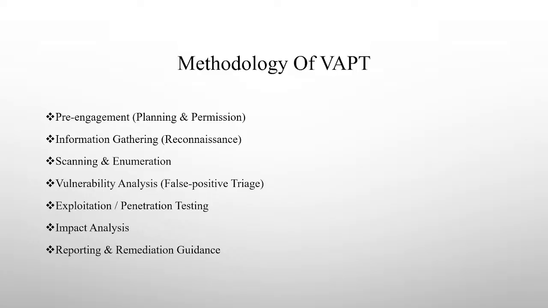The first one is pre-engagement, which we can call planning and permissions. If we are performing VAPT, we must have permission and a pre-plan for how we will do it. Before doing the practical, we must have a structure: what the next step will be, and if it does not work, how we go for the next step.